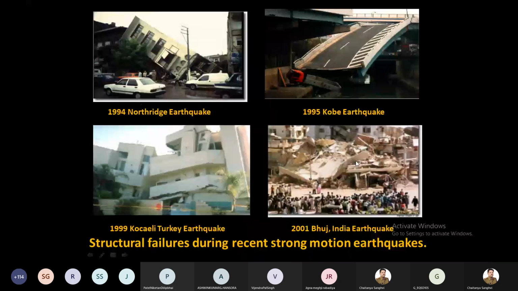But I want to share the experience of our commissioner, Dr. Rajiv Gupta, who visited Japan after the Bhuj earthquake. They were attending a conference on the 9th floor of a building in Tokyo.